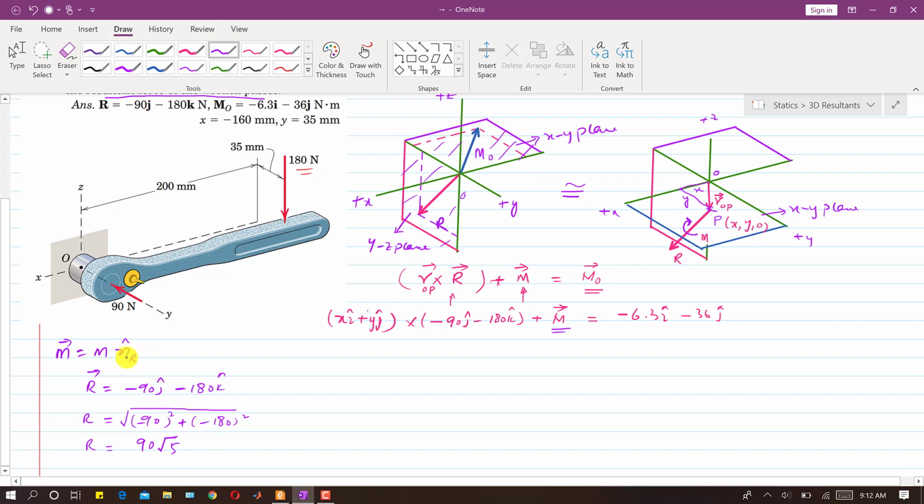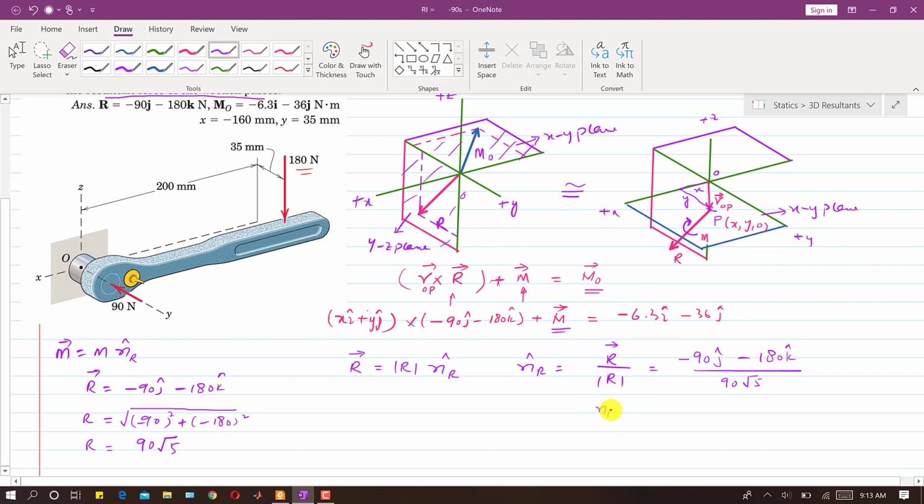So to find this, this R vector will be equal to R magnitude into its unit vector, right? So we need to find this unit vector. The unit vector of R will be equal to R vector divided by its magnitude, right? We know R vector, which is minus 90j minus 180k, divided by this magnitude, which is 90 square root 5.